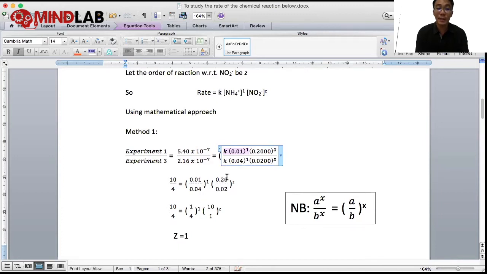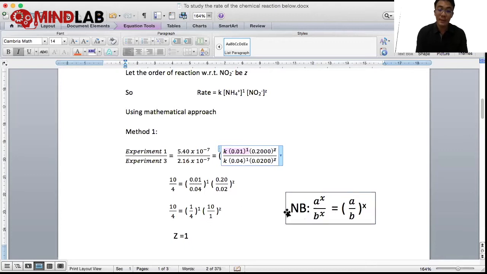As for 0.2 to the power of z over 0.02 to the power of z, that can also be simplified to 10 over 1, to the power of z. Just one important reminder: we are using the laws of indices to solve this question. One of the laws of indices is a to the power of x over b to the power of x equals a over b to the power of x.